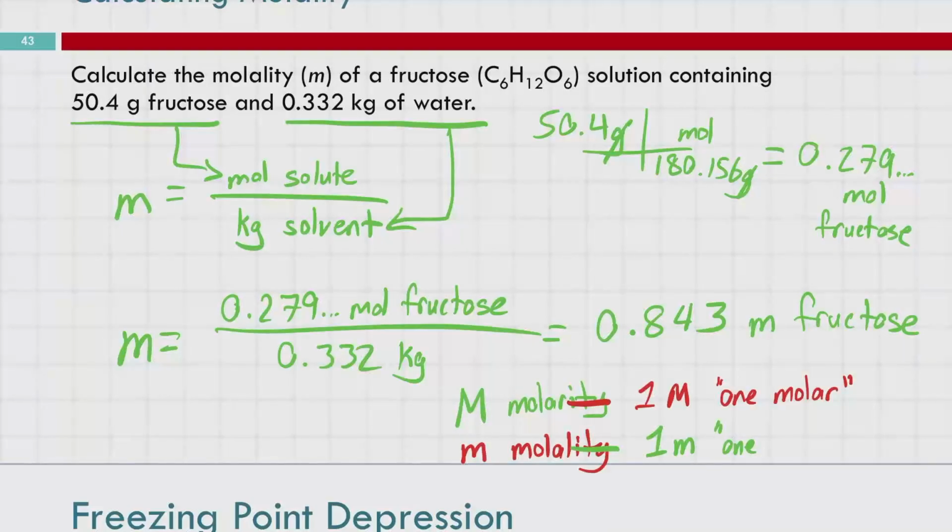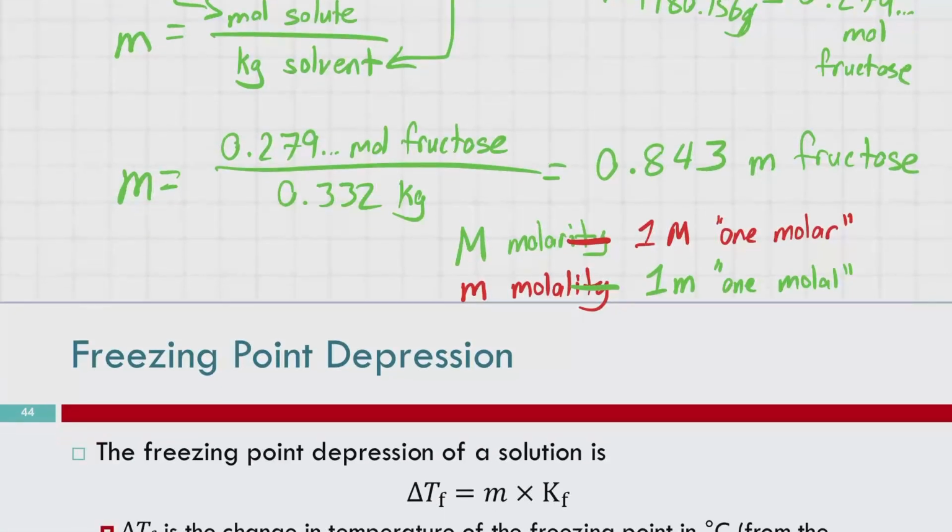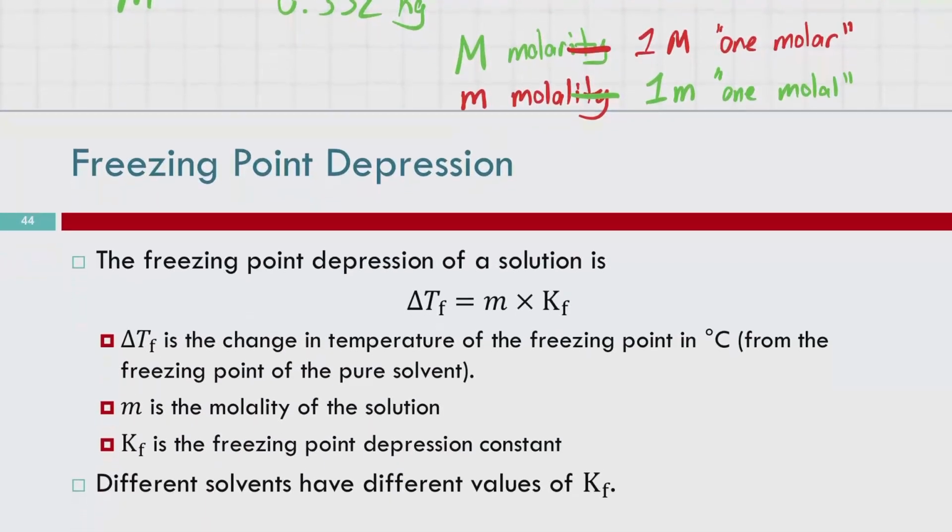And that's why I don't like molality, because I don't like the way that molal sounds or feels. So this would be a 0.843 molal solution. Try saying that sometime in your own time, I guess. Give it a say and find out that you also don't like it, maybe.